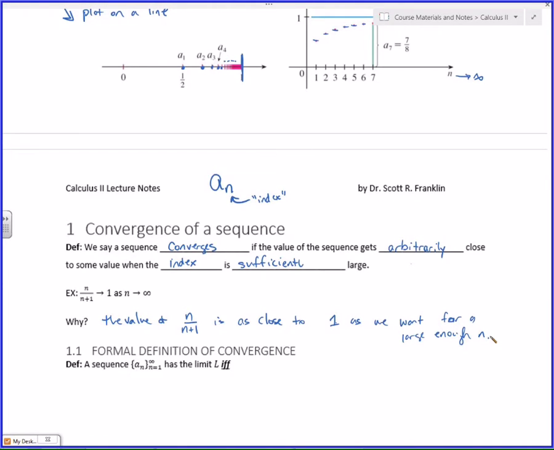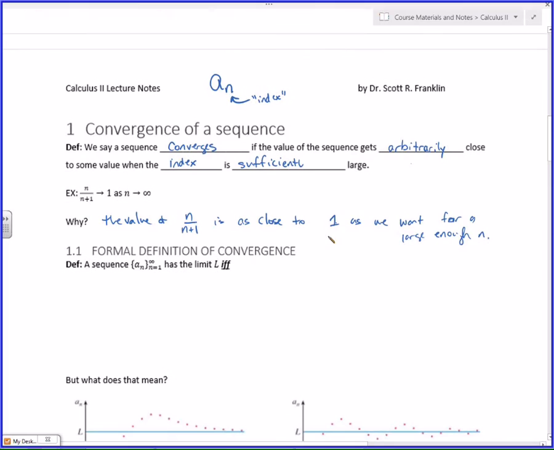I just got to take a bigger n to get there. So mathematically, to prove something converges, you got to prove that that's always true. That no matter how close you want to get, I can take a big enough n to get that close. And that everything past that n is within that range of your limit. So that's the same idea that we've talked about before with limits. We now are just going to do it in terms of sequences.